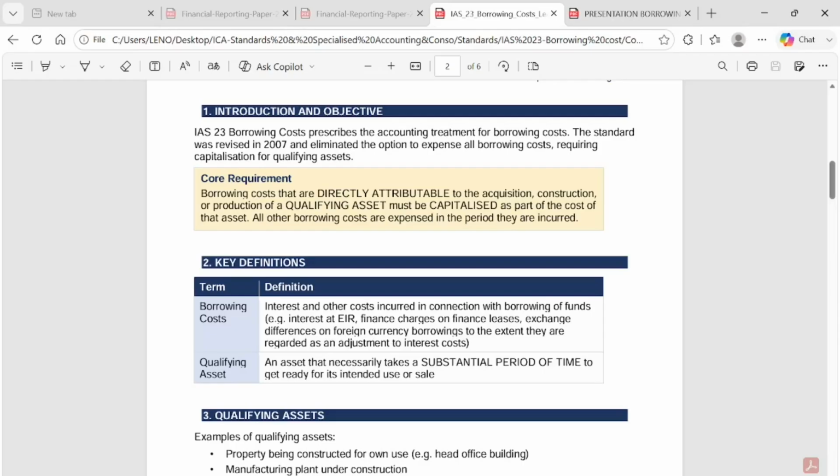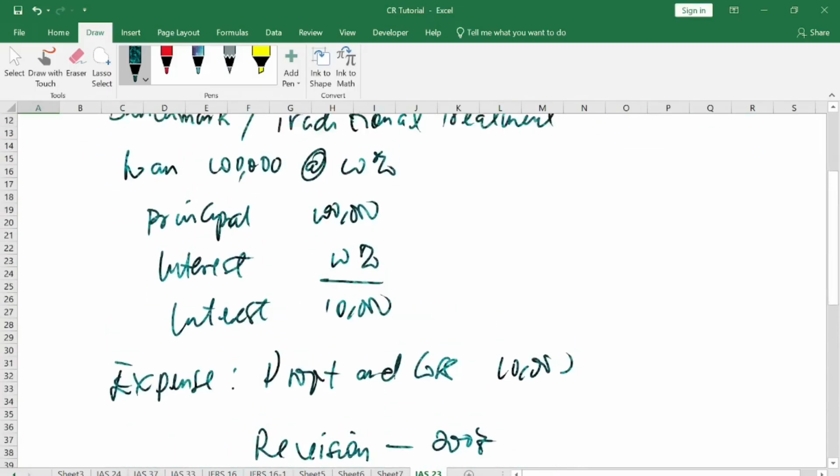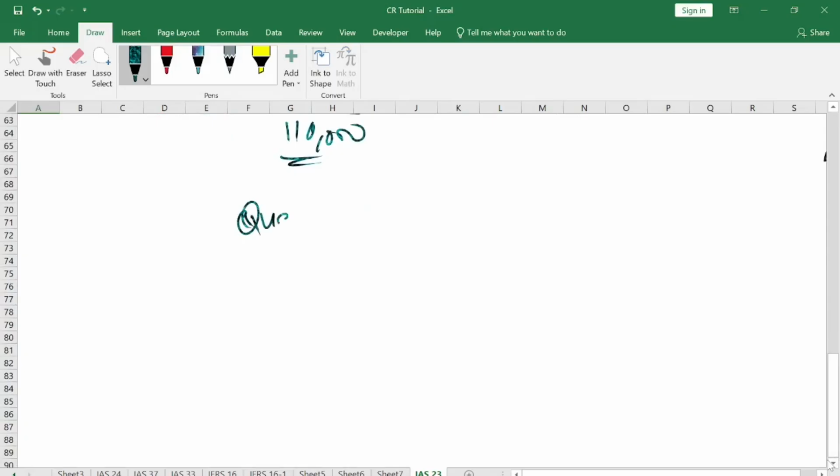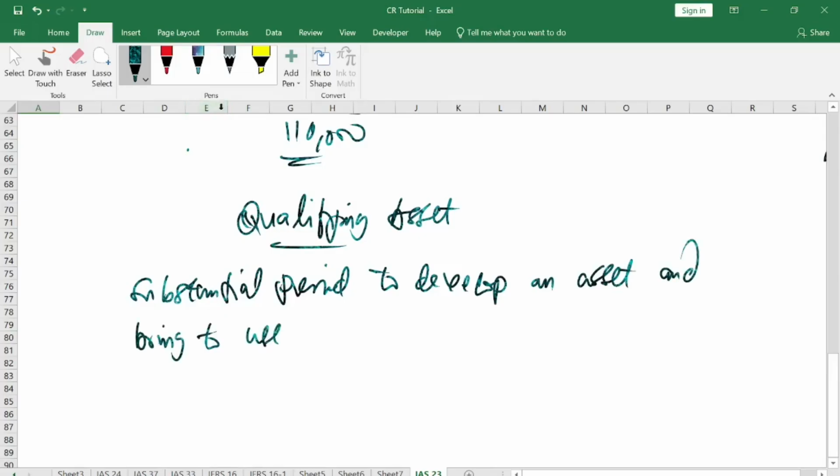A qualifying asset is an asset that takes a substantial period of time to develop and bring to use. That is what a qualifying asset means.